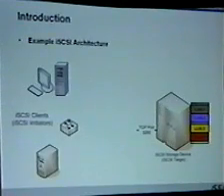So here's a simplistic example of how iSCSI works. On the left side of the screen, you have iSCSI initiators, iSCSI clients. On the right side, you have an iSCSI target, and it's listening on port 3260. And this iSCSI target has 4 LUNs divided up.